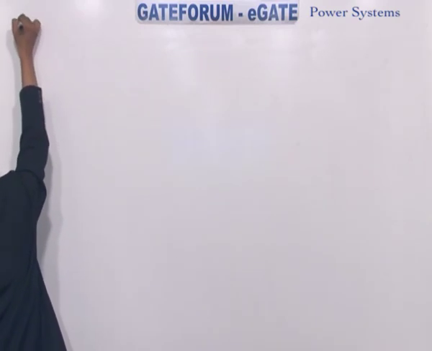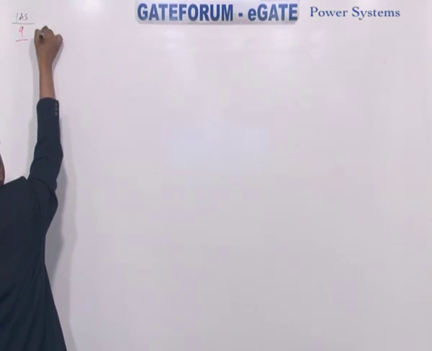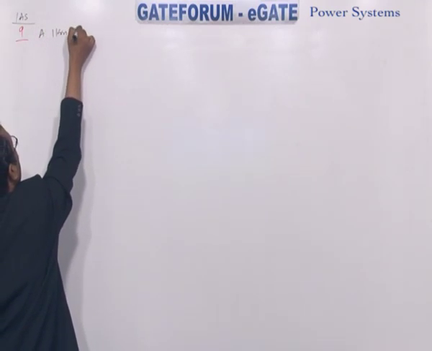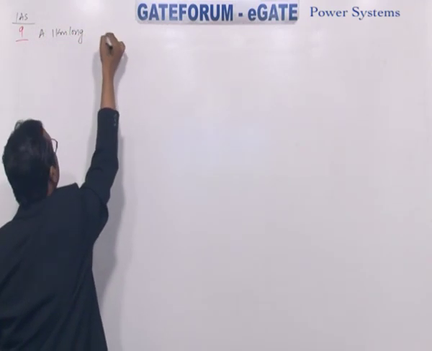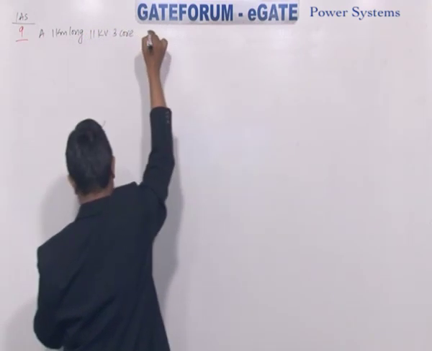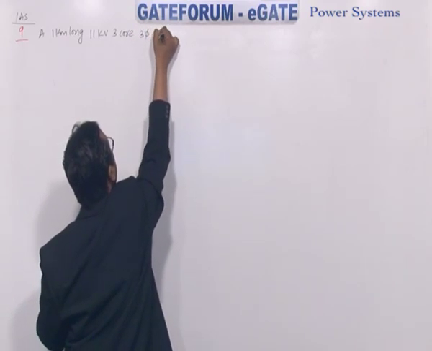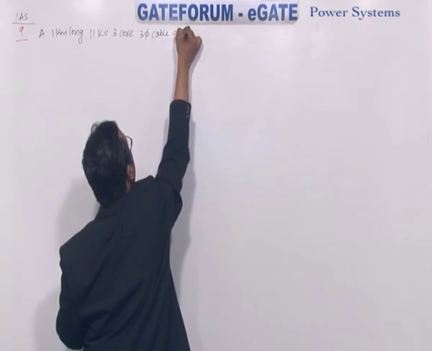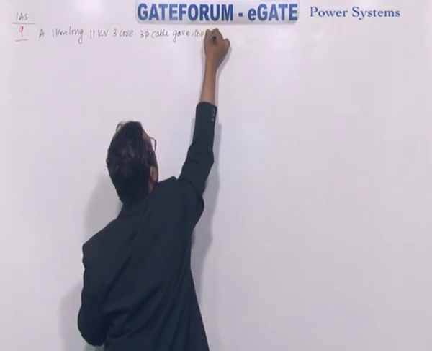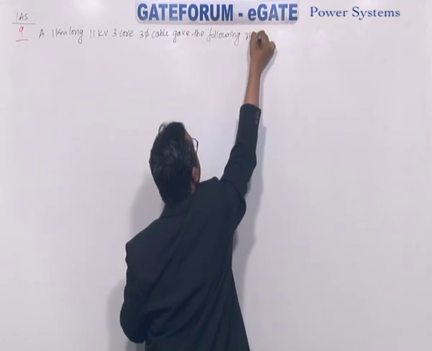So this next question is from the IAS Civils question paper. A 1 kilometer long 11 kV 3 core 3 phase cable gave the following results.